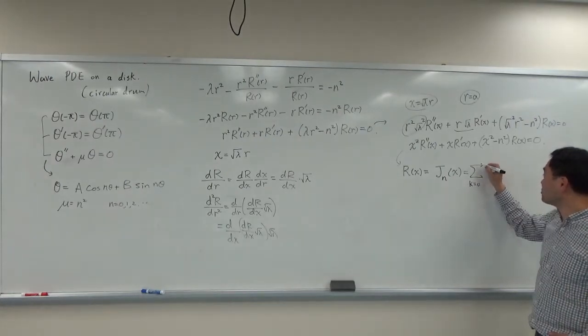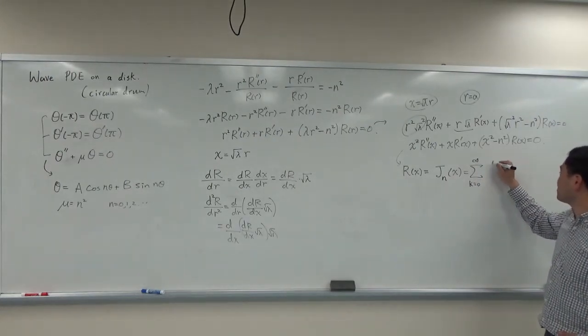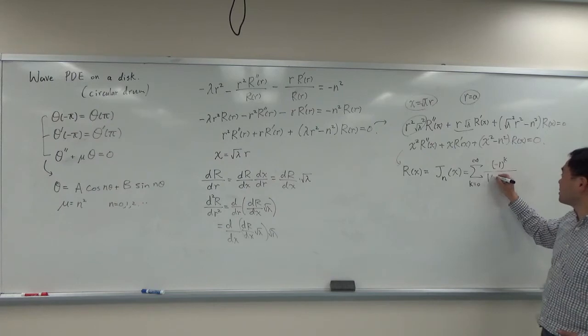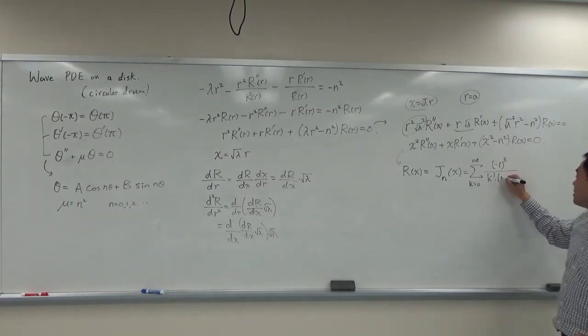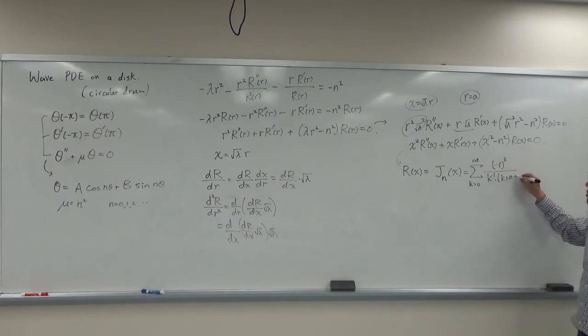The sum over k goes from 0 to infinity, negative 1 to the kth power, over k factorial, (k plus n) factorial, and then it's x over 2 to the power 2k plus n. So that was the function. But that's it. That's the solution.